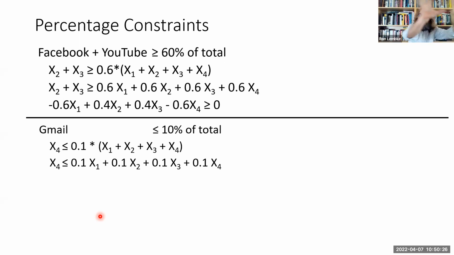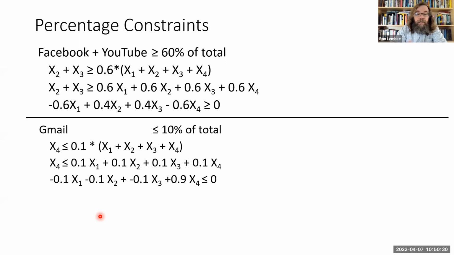And then we subtract all those numbers on the right side from the left side. So we get negative 0.1 X1 minus 0.1 X2 plus a negative 0.1 X3. Obviously, I didn't need that addition sign there. I just didn't see it. And then plus 0.9 X4 has to be less than or equal to 0. So that's our Gmail constraint.